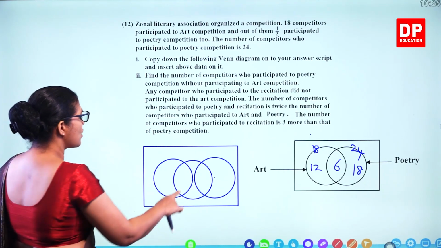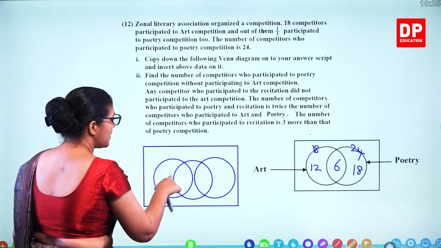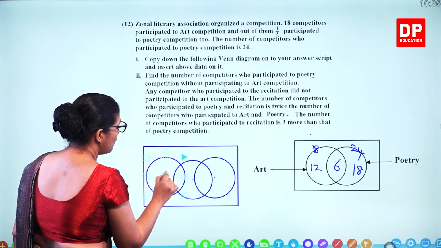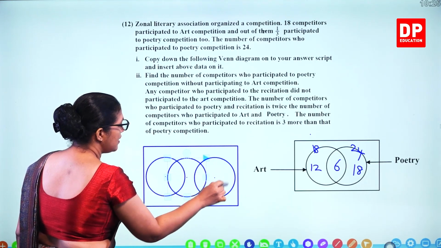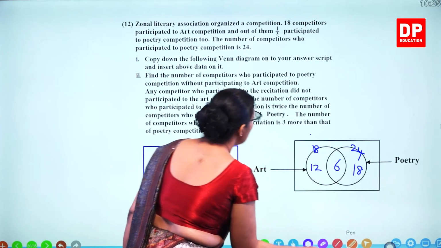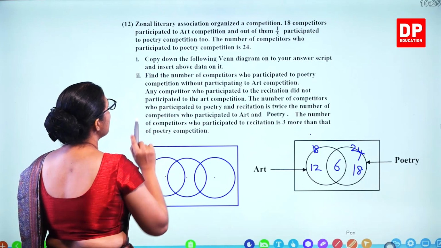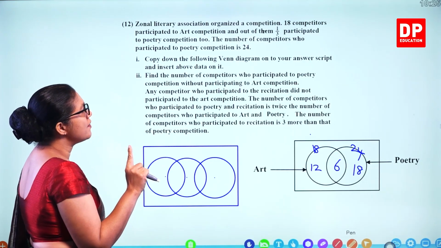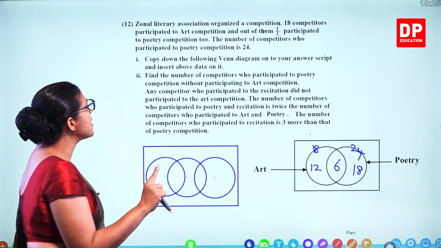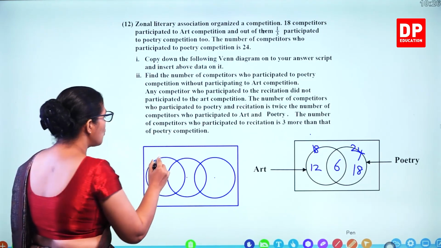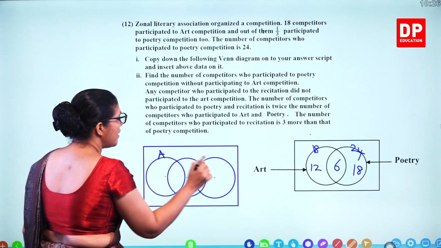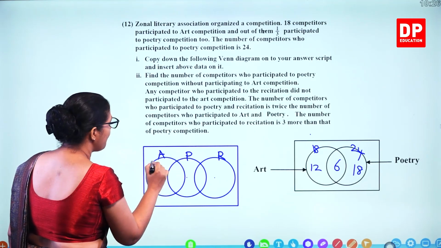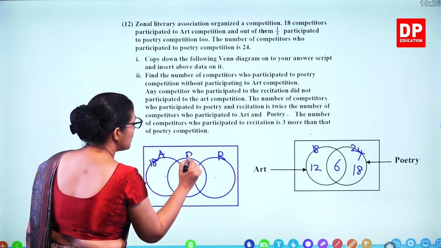There's no intersection between this and this. When you take this sentence, it says, any competitor who participated in the recitation did not participate in the art competition. So art and recitation, there's no intersection. So this is poetry, this is 18, this is 24.